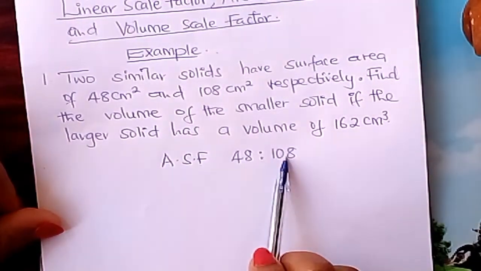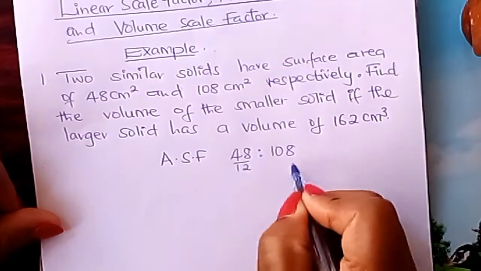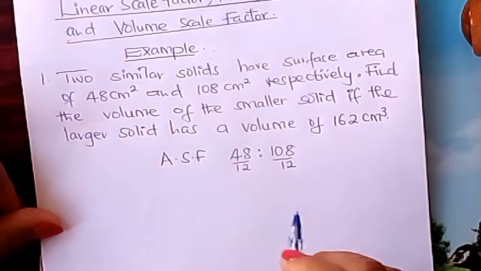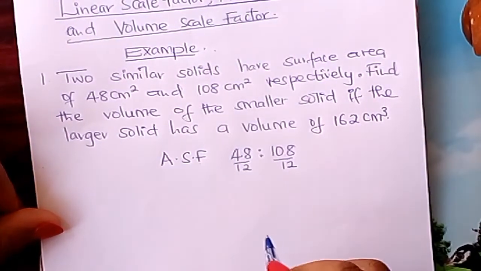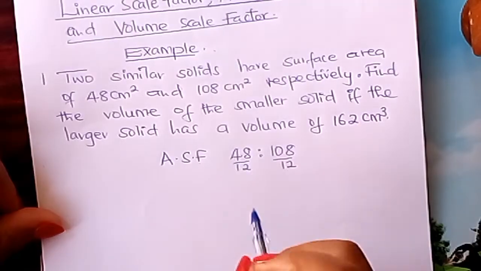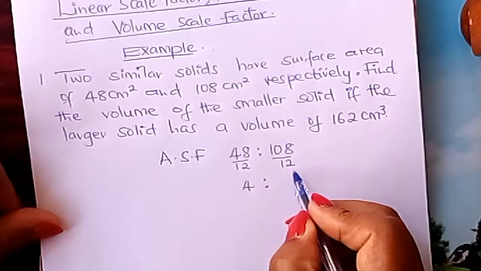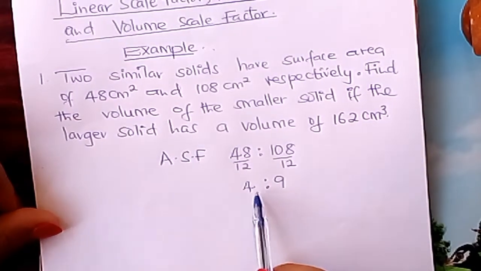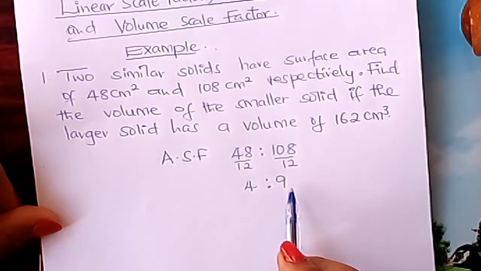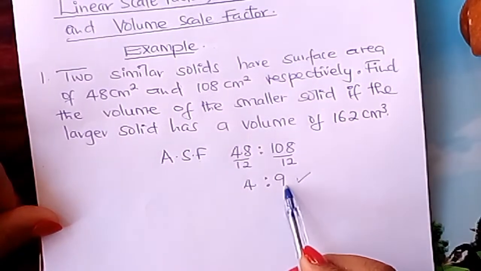Simplify this ratio by dividing through, for example, by 12. You simplify it as much as possible so that you don't use big numbers. So 48 divided by 12 gives us 4, and 108 divided by 12 gives us 9. Look at this, learner, smaller numbers now. So our area scale factor is 4:9.